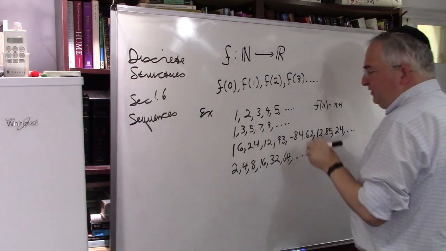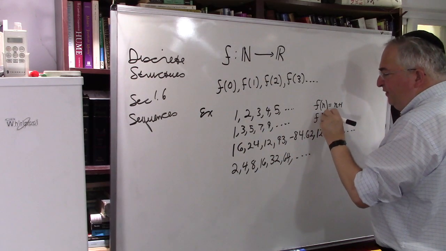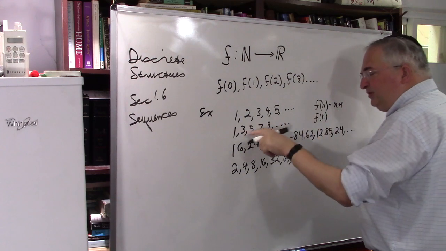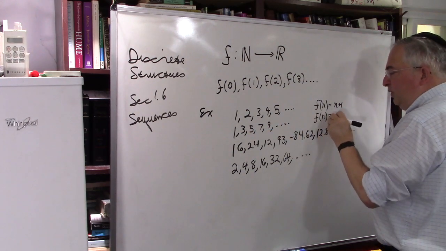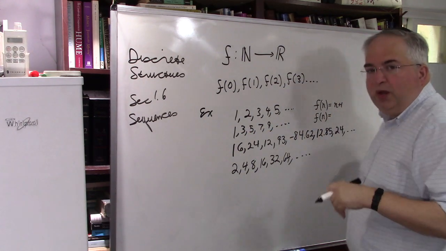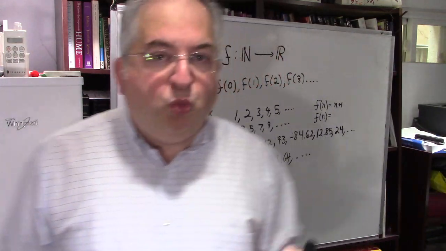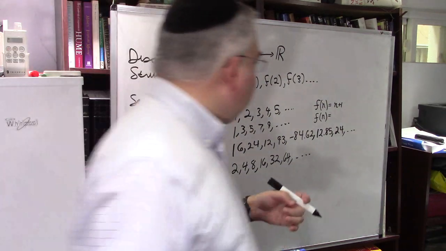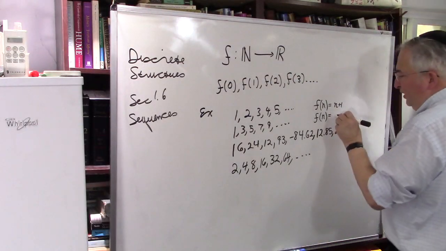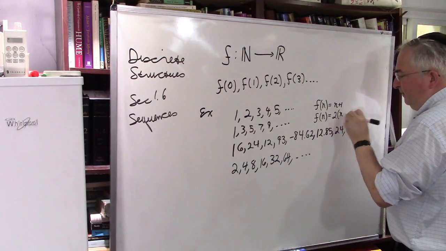How about this? This is a function that outputs an odd number. So what's an odd number? Well, 2 times n is an even number. 2 times n plus 1 is an odd number.